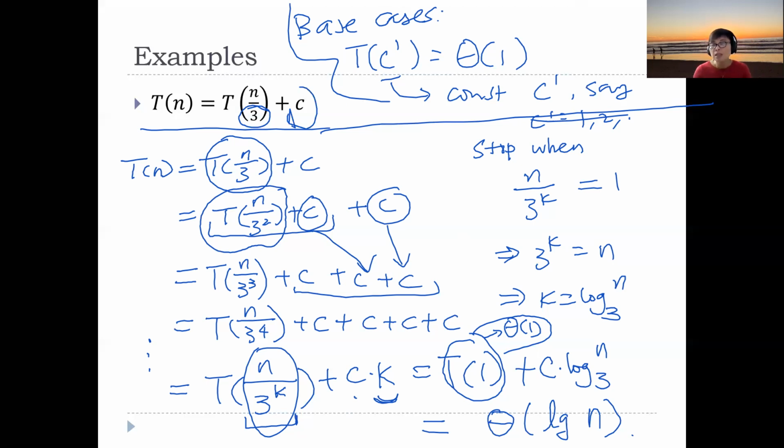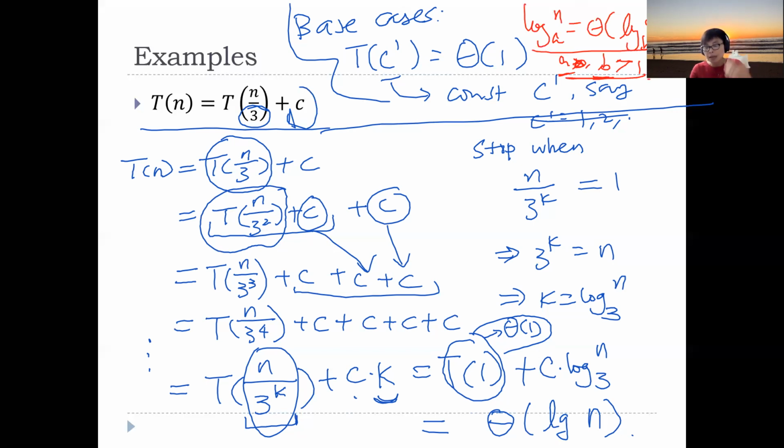Since all the logarithmic functions, log n base a, are the same asymptotically as log n base b for any different bases, remember that we had log n base a equal to log n base b for any constant b that's bigger than 1. As long as these are constants, we know that all are logarithmic.